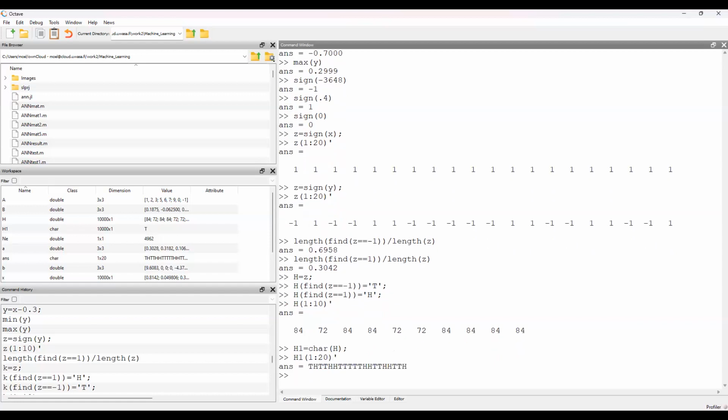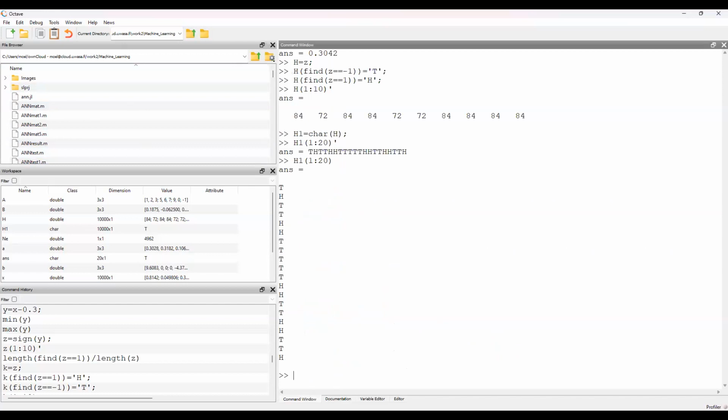You can see tail, head, tail, head, tail, tail, and so on. So now you can see them as tail and head, if you want to visualize them in a more realistic way instead of numbers. So this is the concept.